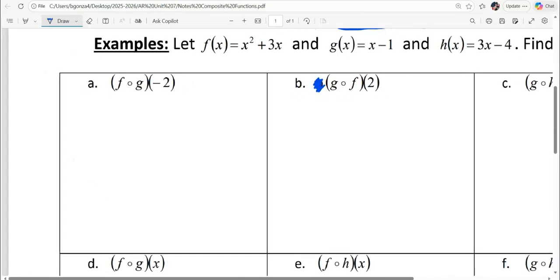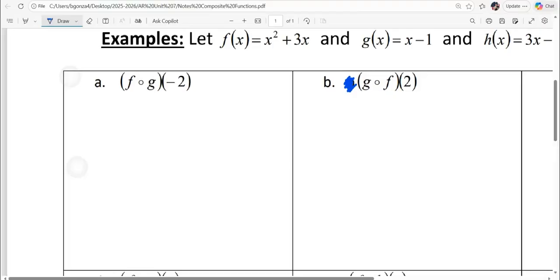First things first, okay? Y'all see these functions at the top, right? I have an f of x function right here. I have a g of x function right here, okay? So when I have f, o, g, that o means composition. Guess what I do again?